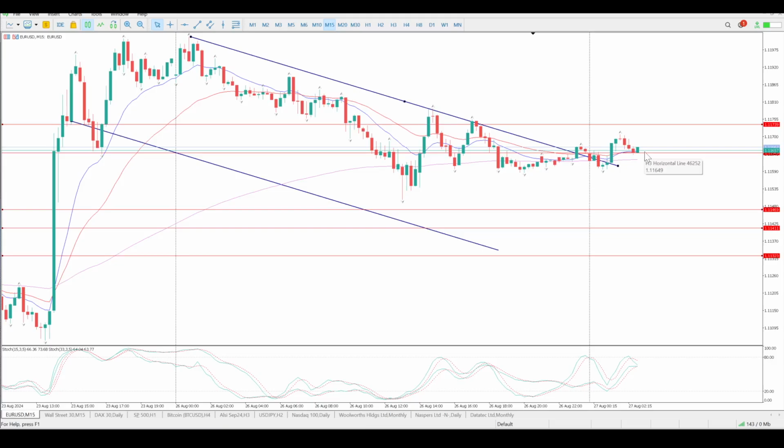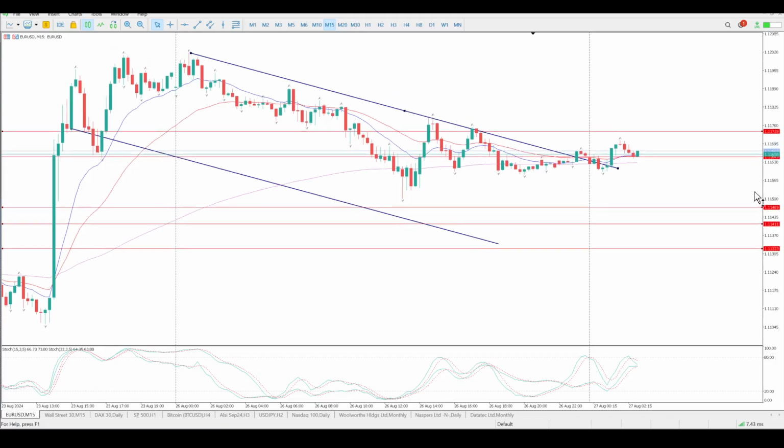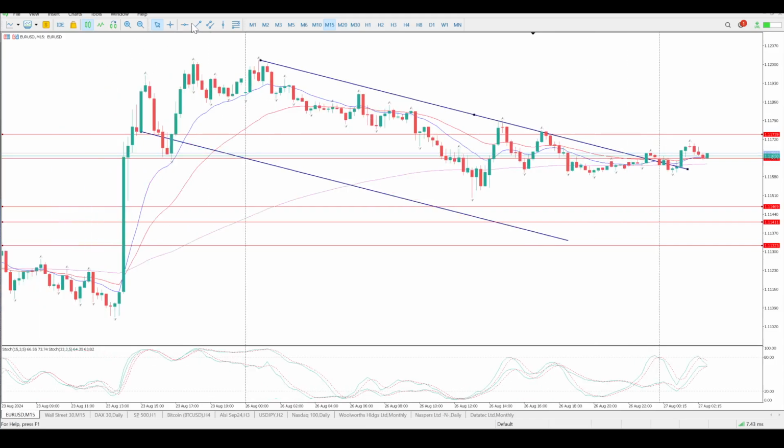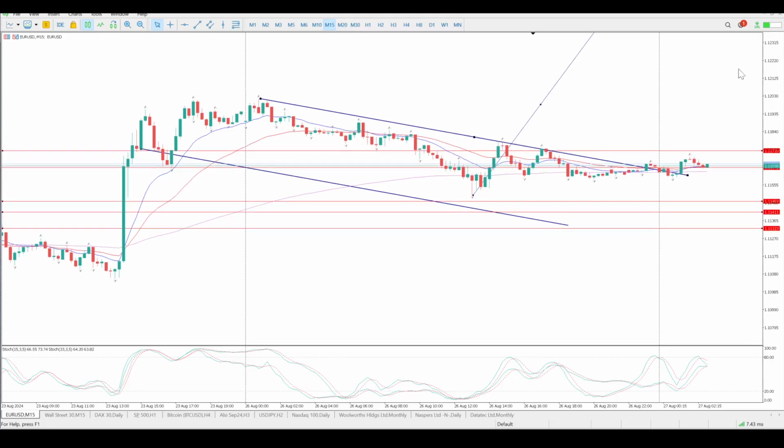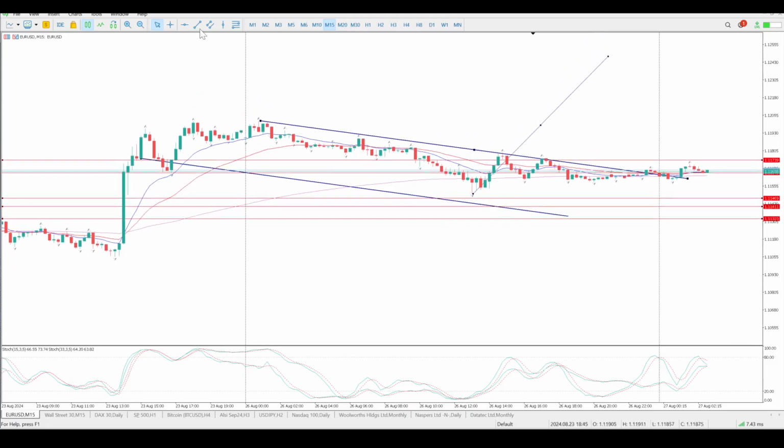So I'd pay attention to this area at the European Open, but I think the confirmation for me is going to be a break of 111.740, break, retest that. Then that to me is going to set up this flag break, which basically means I have a measured move of significant proportion, takes it up to there.